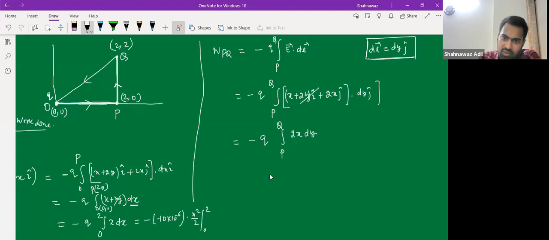So we can plug in the value, this would be 2, so this would be 4, and only the integral of dy, right, P to Q. So the integral of dy is y, right? So this is minus, into 4, and this is y, and the limit would be how much?